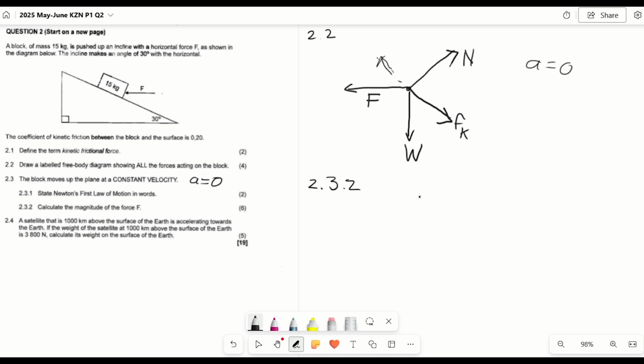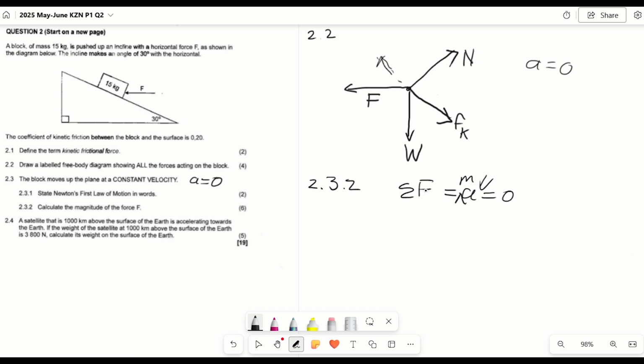So the sum of forces in the direction of movement has to be equal to 0, because F equals ma, but a is 0, so ma is equal to 0.